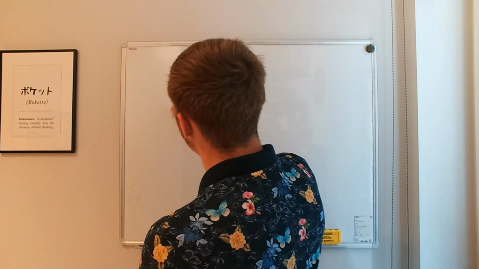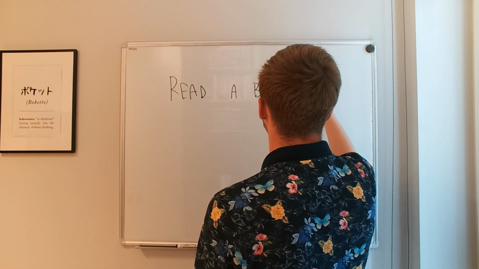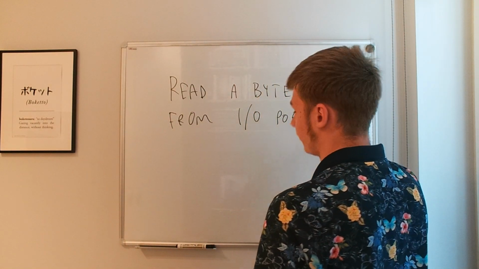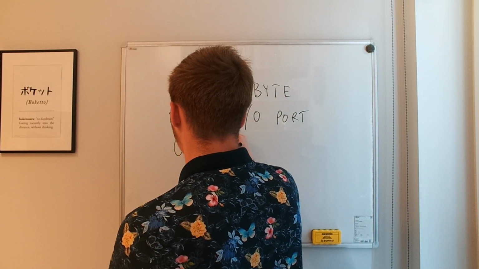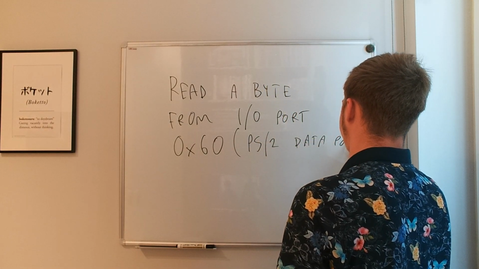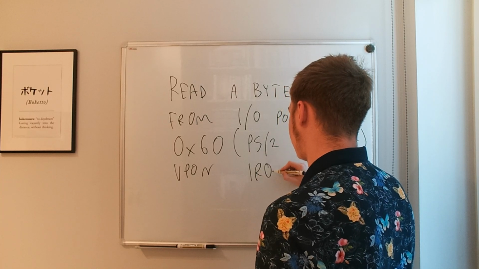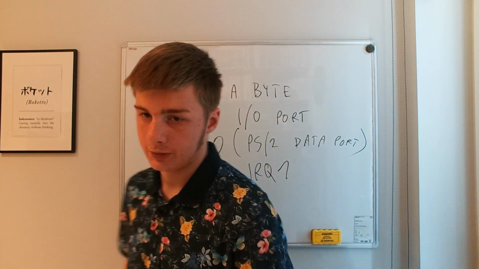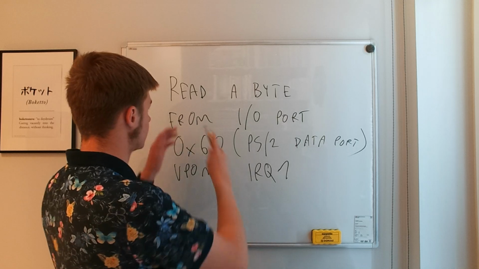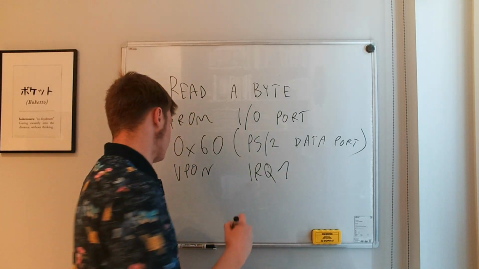So if you read a byte from I/O port hexadecimal 60, the PS2 data port, upon IRQ1. So in your interrupt service routine 1, what you would have to simply do is read a byte from this PS2 data port, and what it will contain is something called a scan code.